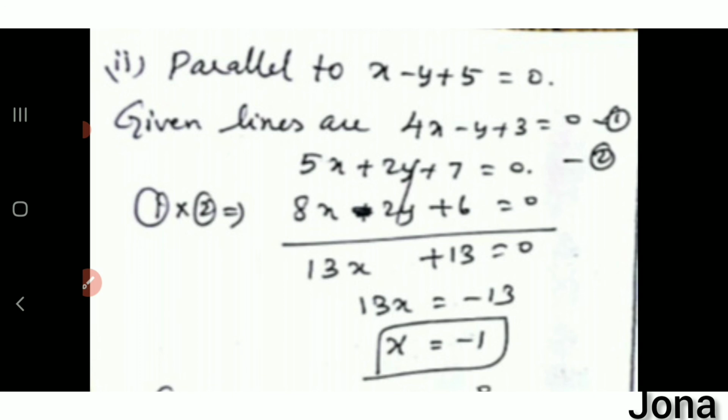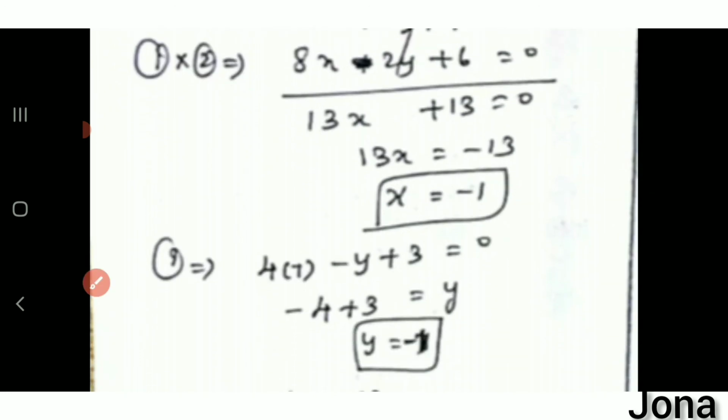So we want to find the values of x and y, so we solve the equations. That's why we multiply by 2, so that we have 8x minus 2y plus 6 equal to 0. If we solve these two, we get 13x plus 13 equal to 0. That means 13x equals minus 13, that is x equal to minus 1.